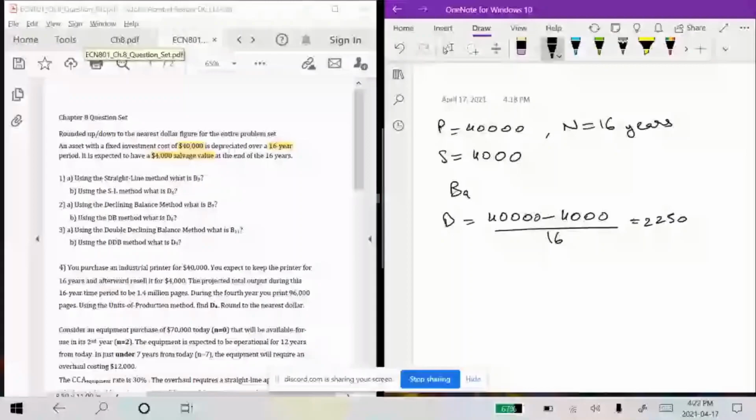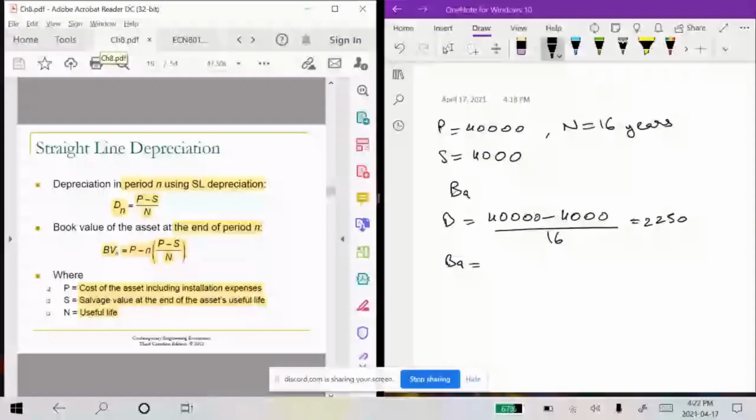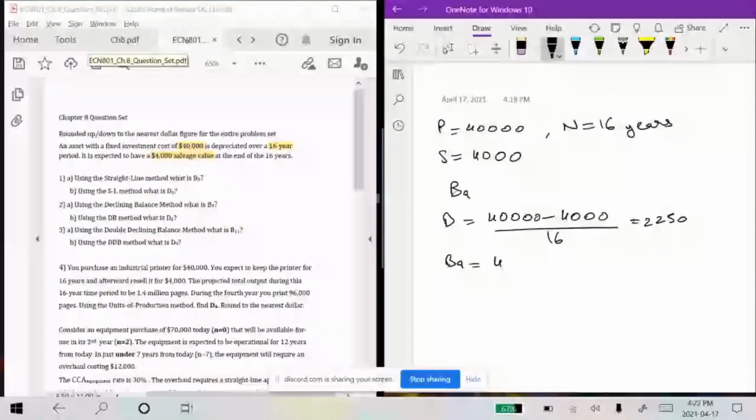Now to find B9, the initial investment, 40,000, minus the period, 9, times the depreciation in every period, 2,250. And we get $19,750.